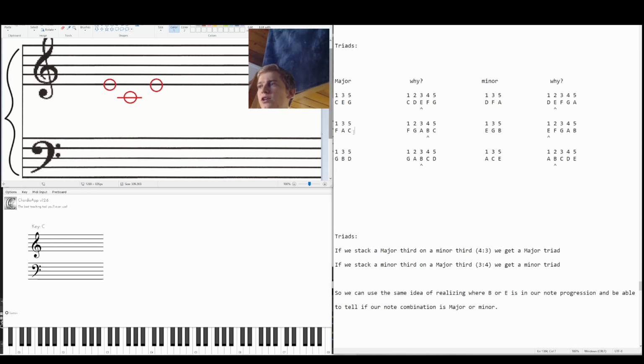So next we're going to look at F, A, C as a triad. So we're going to look at that first section again, that 1 to the 3, which is going to be F to A. F to A consists of F, G, and A. So we do not have any B or E's in there at all.